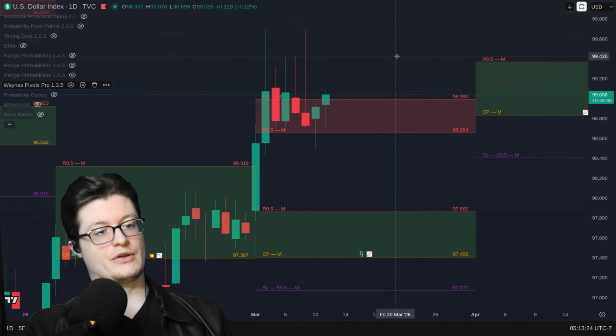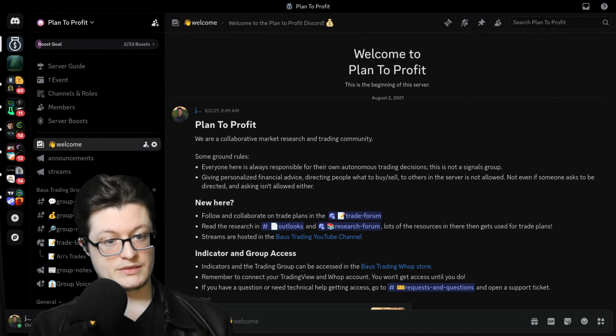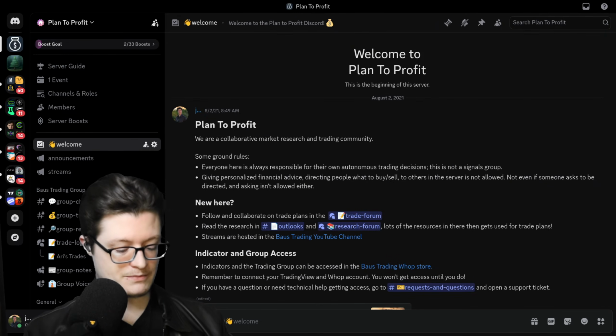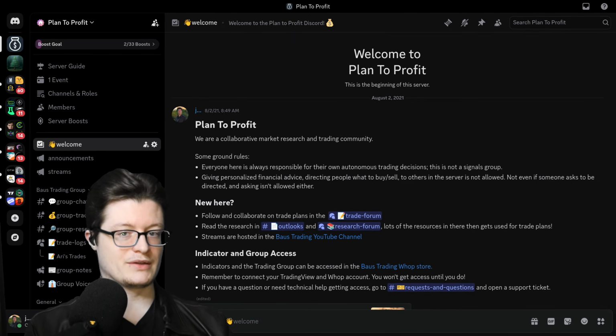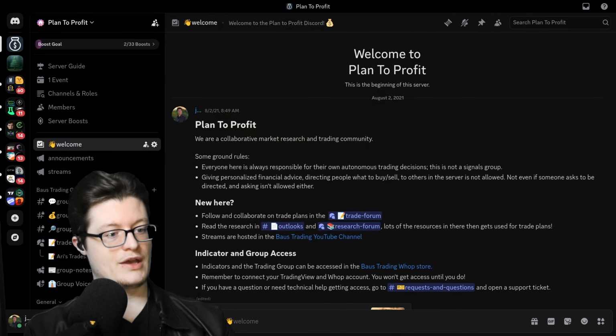What I'm saying, though, is get into the Discord if you want a place to do research very, very collaboratively. Because I'm trying to emphasize here, if you want to be autonomous in setting your trade decisions, you have to be able to do this research on your own.